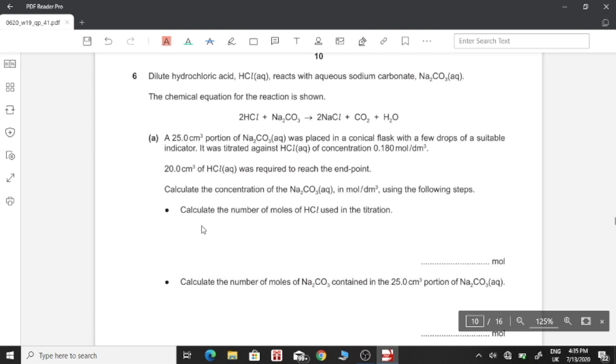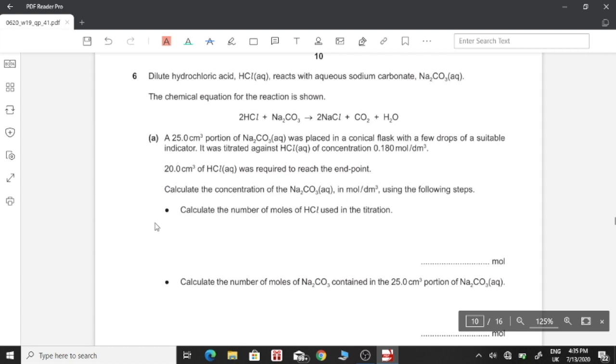Okay, so calculate the number of moles of hydrogen chloride used. We can use the formula moles is equal to concentration times volume over here, but over here we're supposed to convert this 0.18 mole per dm cube to mole per centimeter cube, since we have the volume as 20.